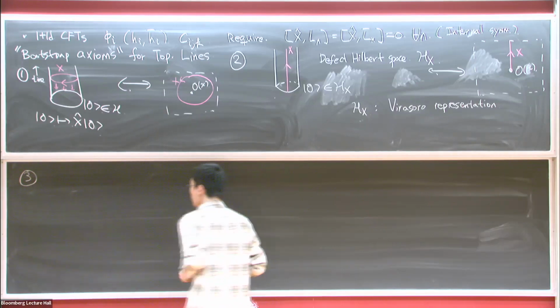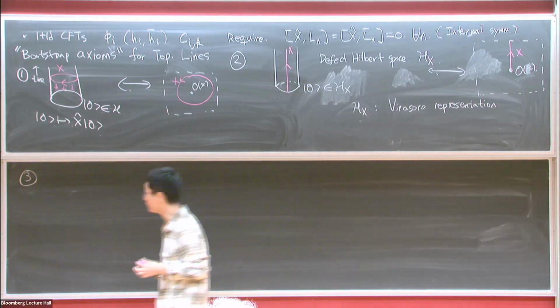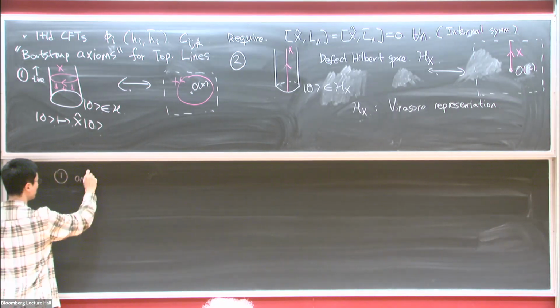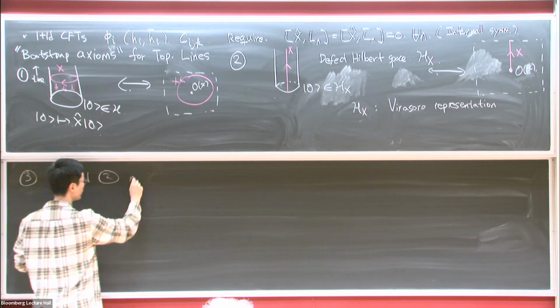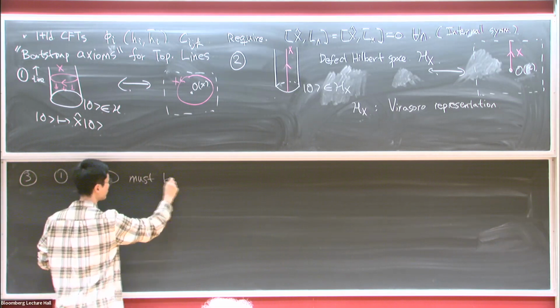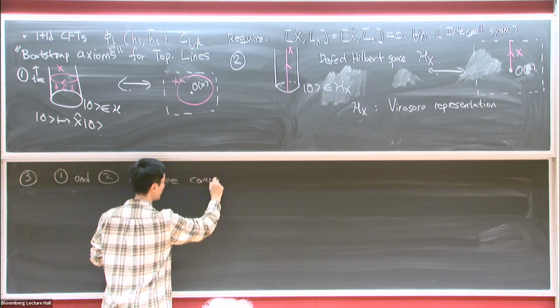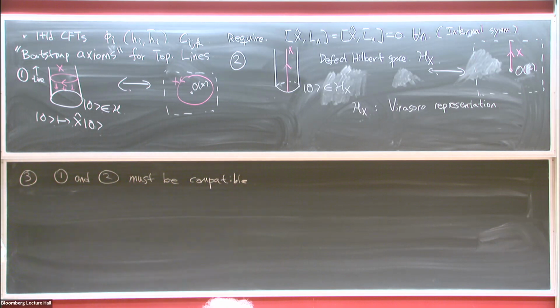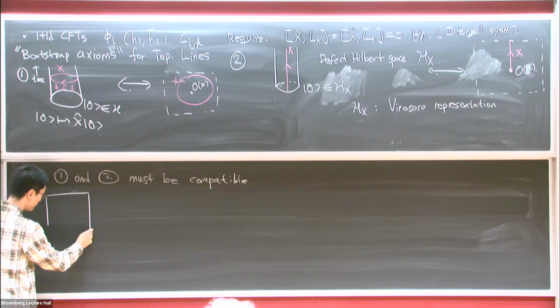So the final axiom that I'm going to present is that 1 and 2 must be compatible with each other under a modular transformation, meaning that let's consider the theory defined on a torus.